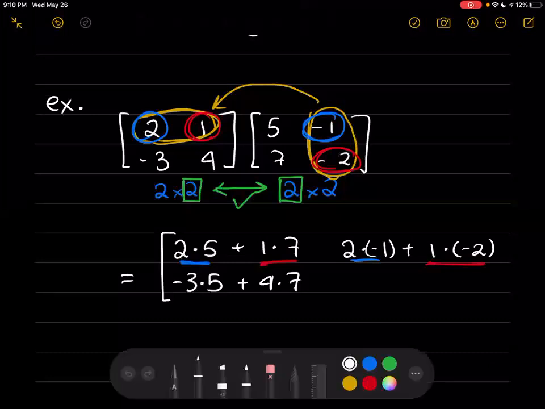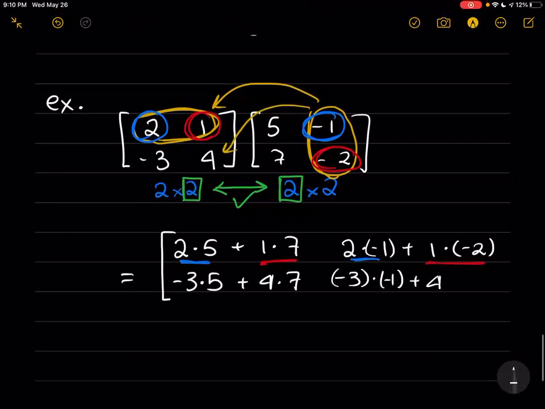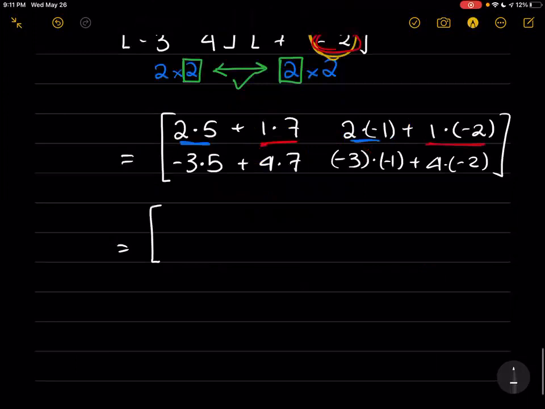And then we do the same thing for the other row of the first matrix. And so we get -3 times -1 plus 4 times -2. Okay. So now we just go ahead and simplify the entries. So we get 2 times 5 is 10, plus 7 is 17.